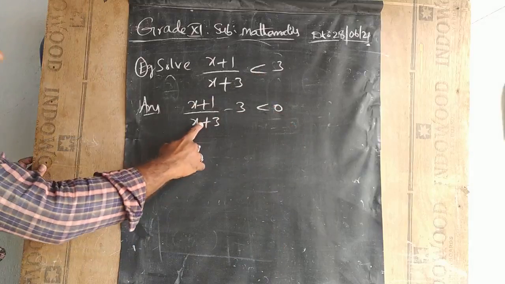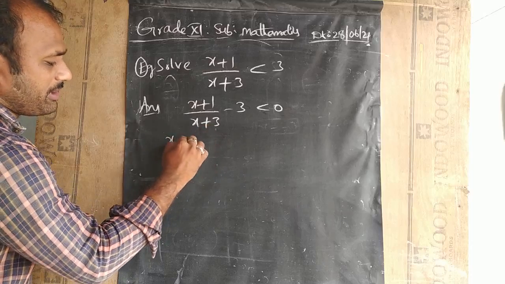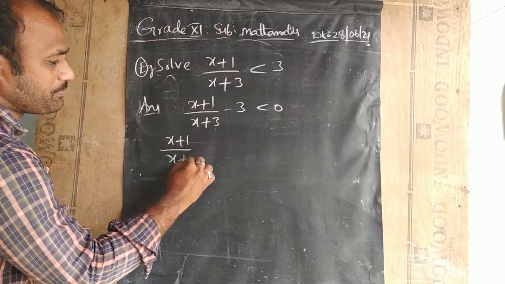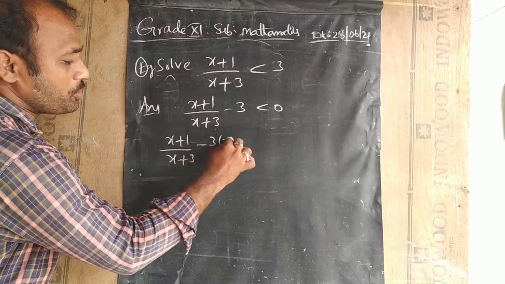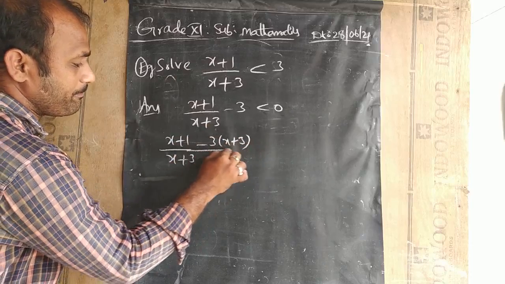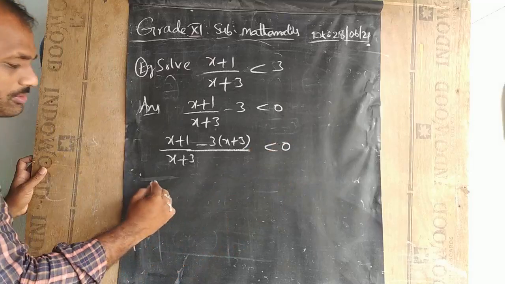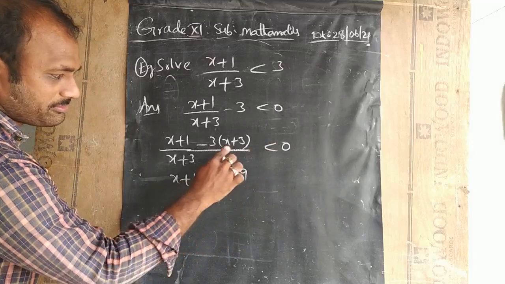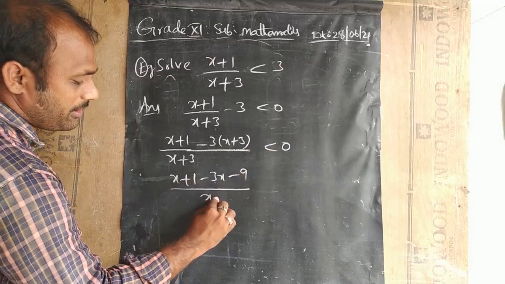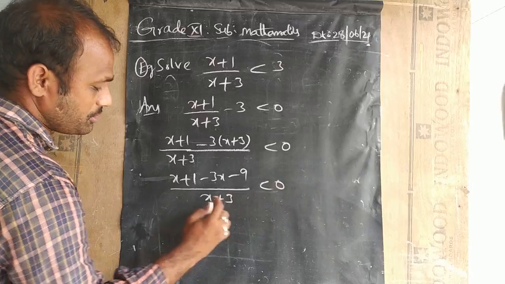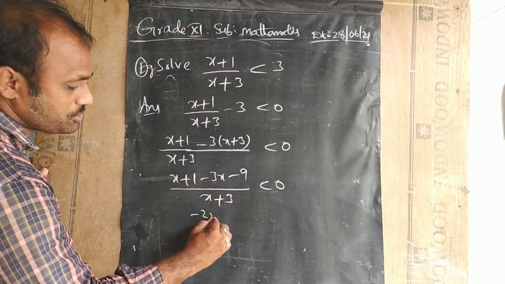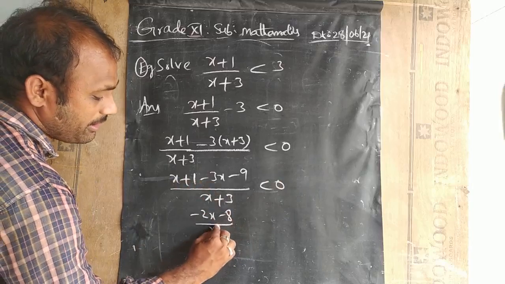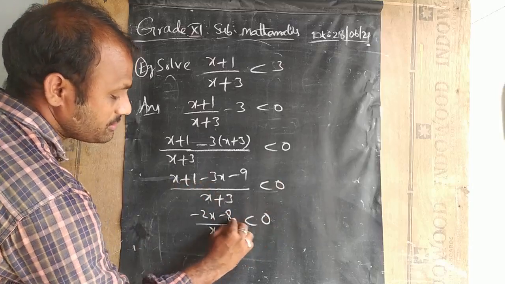The LCM is x plus 3. So this can be written as x plus 1 by x plus 3 minus 3 into x plus 3, less than 0. So x plus 1 minus 3x minus 9 divided by x plus 3 is less than 0. So it is minus 2x minus 8 by x plus 3 less than 0.